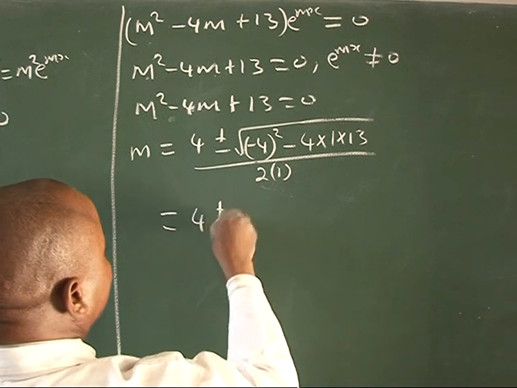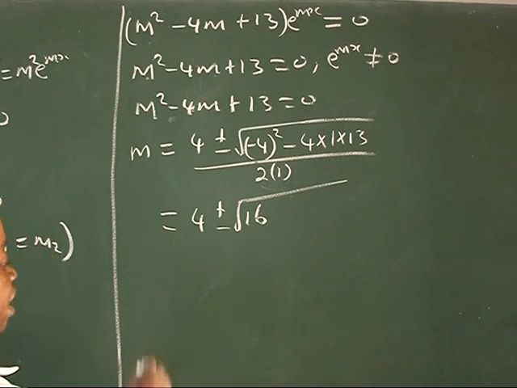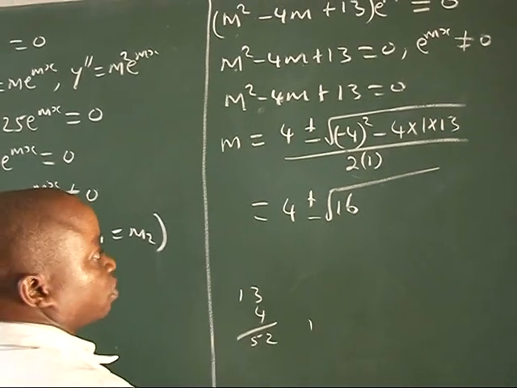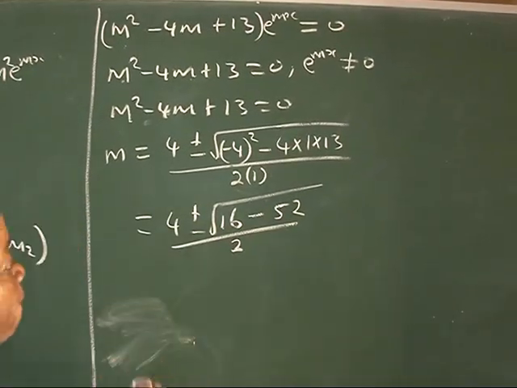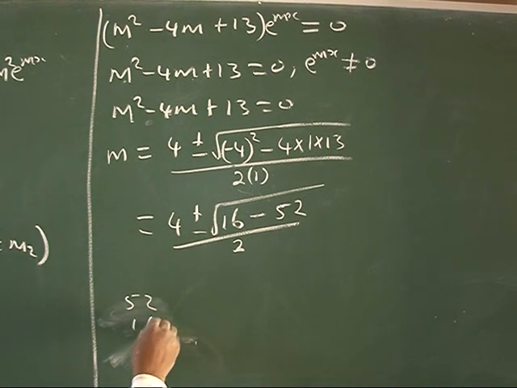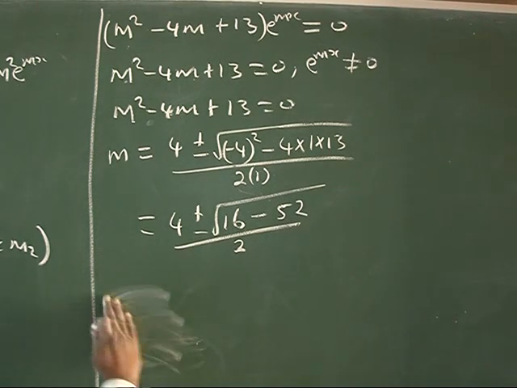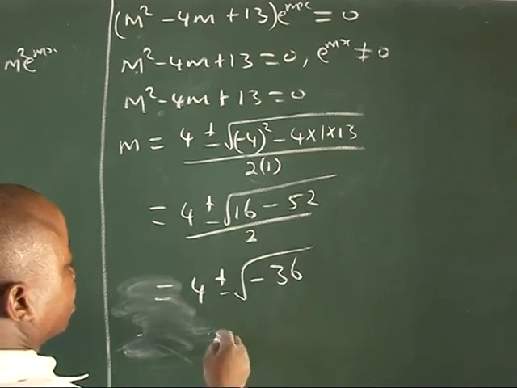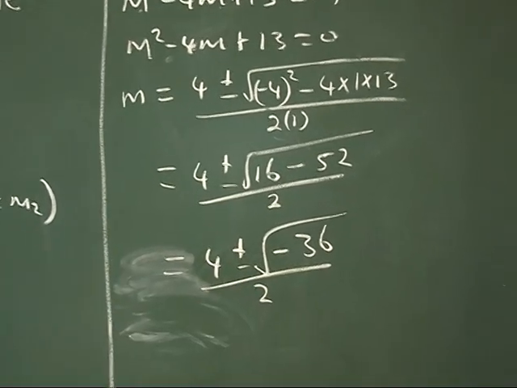And this will give us 4 plus or minus the square root of 16 minus 52, all over 2. 16 minus 52 gives us minus 36. So we have 4 plus or minus the square root of minus 36, all over 2. Of course, this is complex roots.